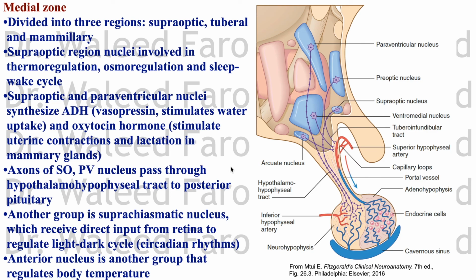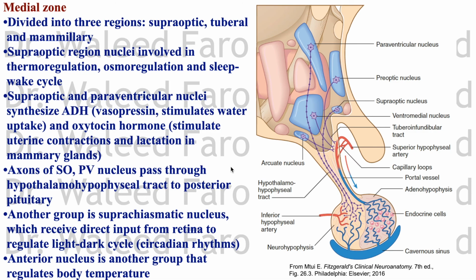Oxytocin affects contractility of the structure it works upon, like the walls of the lactiferous ducts, for example, in the breast, and the uterine walls.